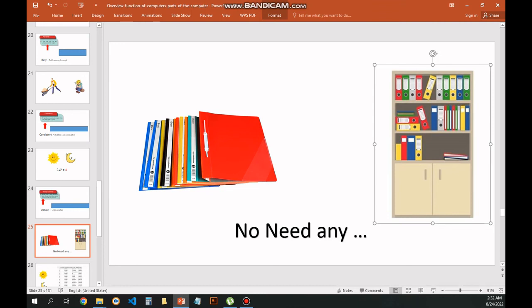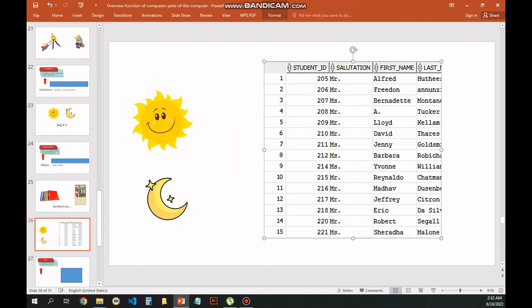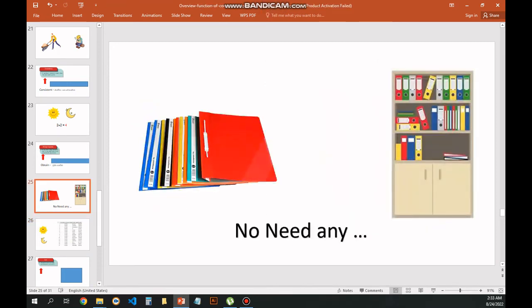Since the computer has a big, high storage, you can keep your documents inside. Even at night or in the morning, you can get these documents back. That's the beauty. So you don't need physical folders, physical files, and physical cupboards like this. You don't need to have them, right?